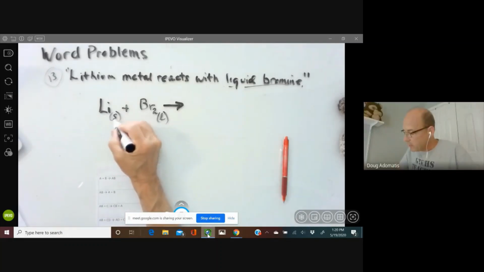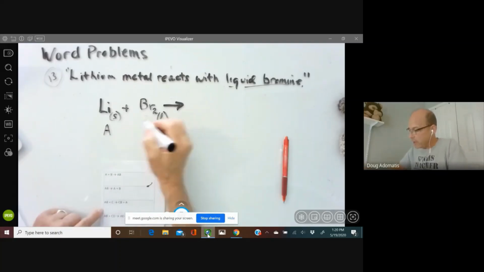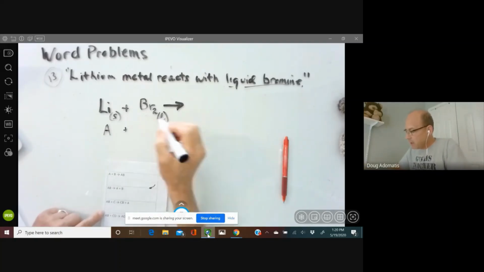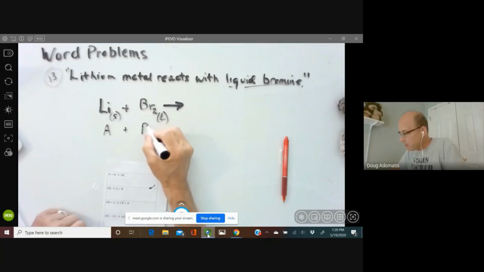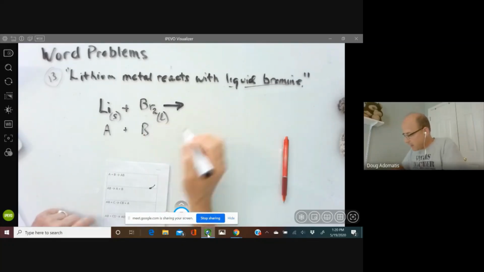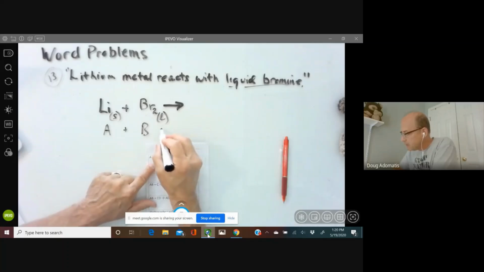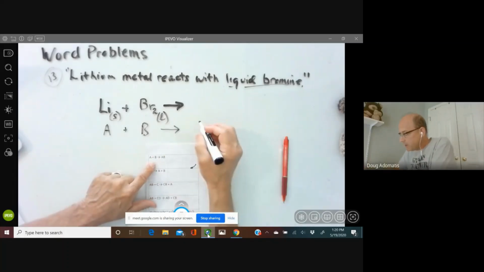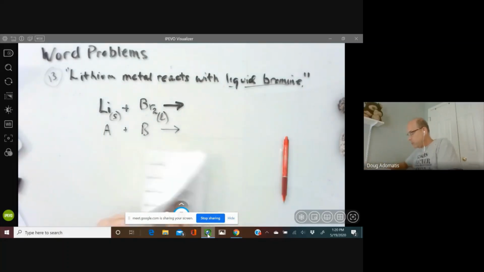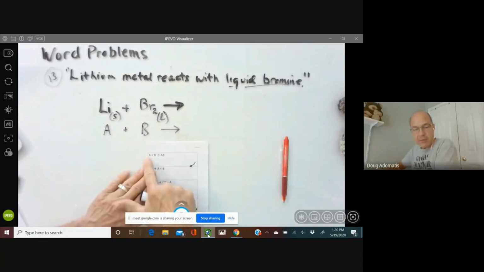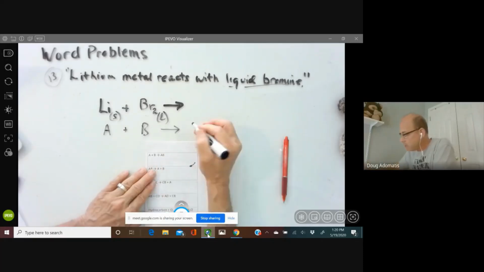We know that lithium is a thing, and so in our model, that thing is represented as a B, and we know that bromine is a thing, and we represent that thing as a B, and the model shows us that if it's an A plus B type reaction, then that's what we call, flip open the door, a synthesis reaction, where one thing plus another thing equals a new thing, a compound of A and B, right?